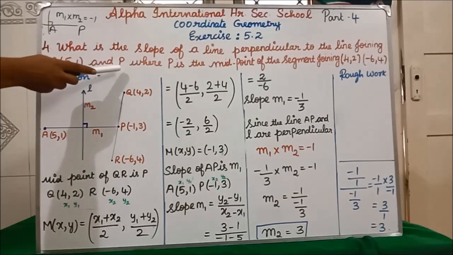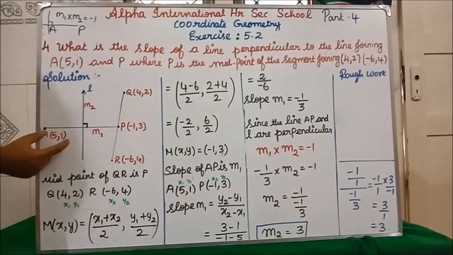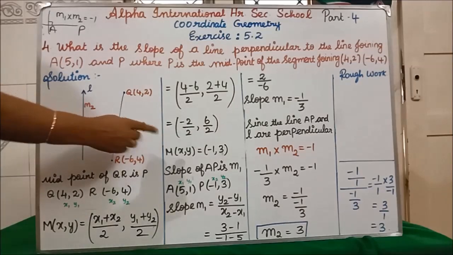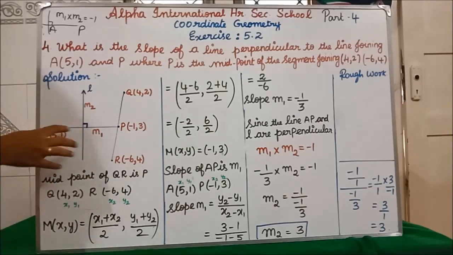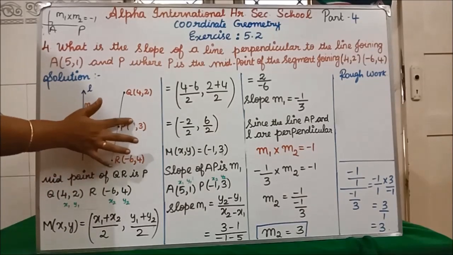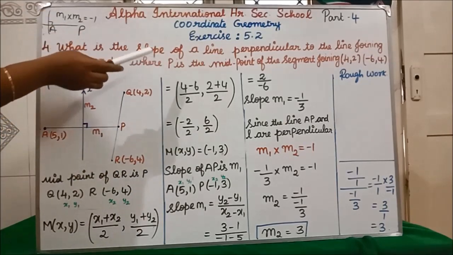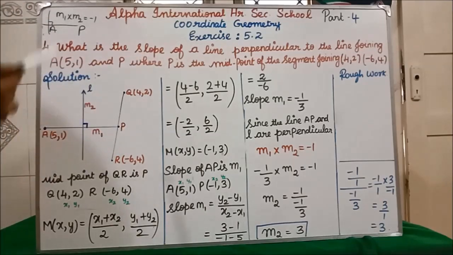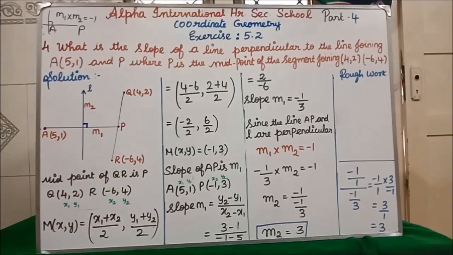Till now we don't know the point; after finding it only I will write it here. So you leave it. So A value is there, and point P is there, where P is the midpoint of the segment joining (4, 2) and (minus 6, 4), they were saying.